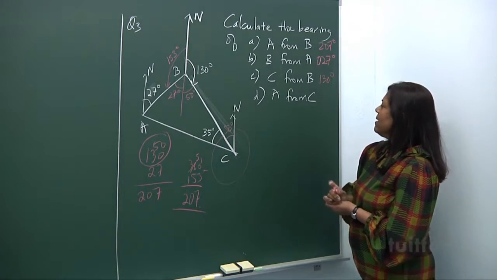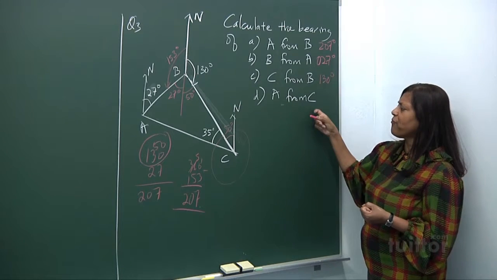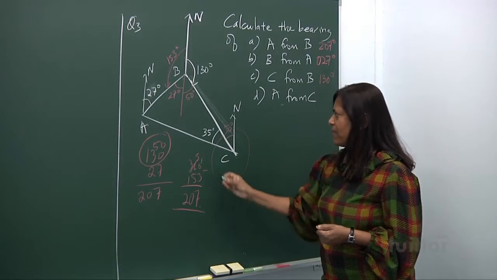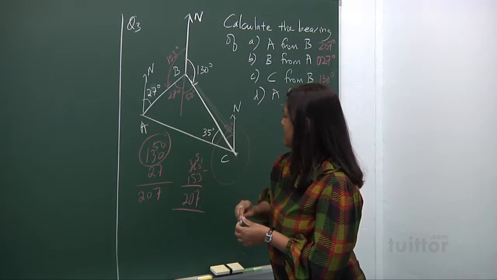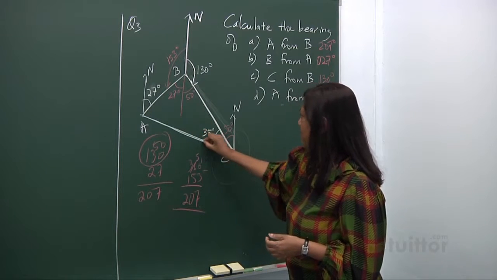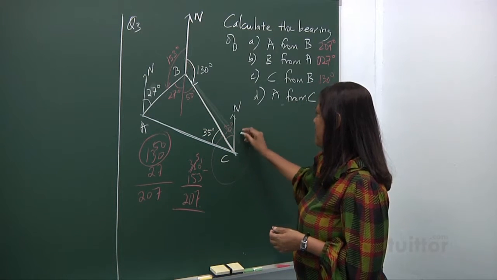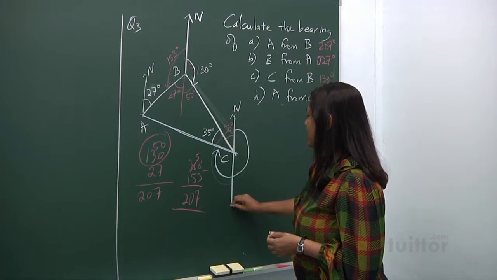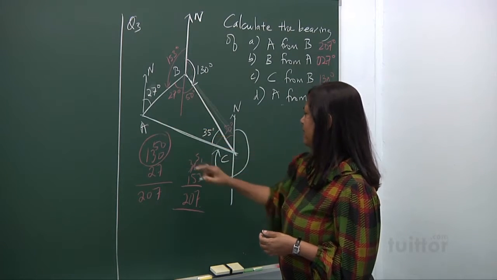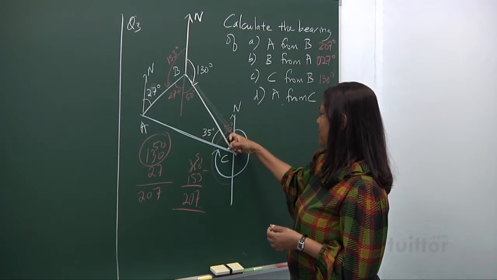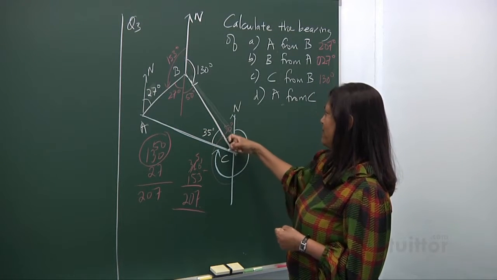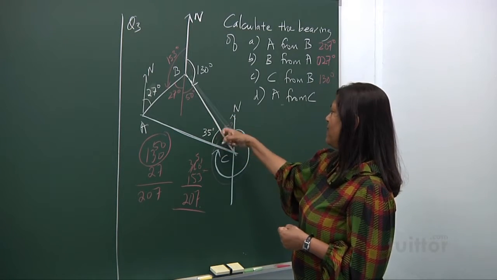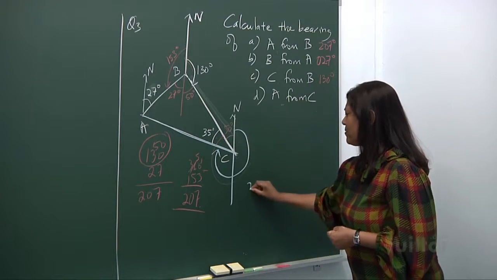Now, what's the bearing of A from C? A from C is this whole thing. We're going to draw this line down. Look at this angle. We've got here 50 and 35. This happens to be helpful. 50 and 35 is 85. 360, take away 85.